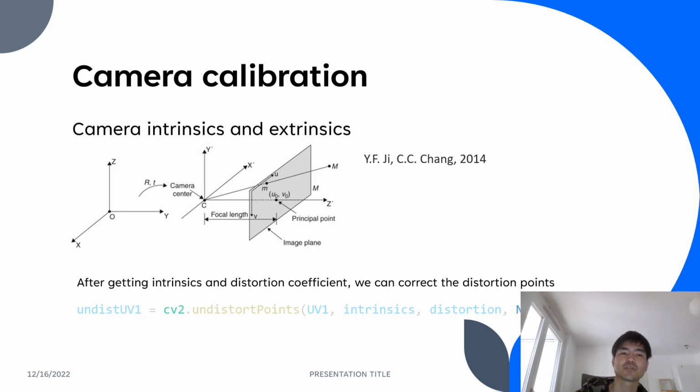Those 2 parameters are called camera intrinsics, and for mathematical reasons, to make it easier to calculate and understand the points and parameters, we usually put those parameters in a matrix.